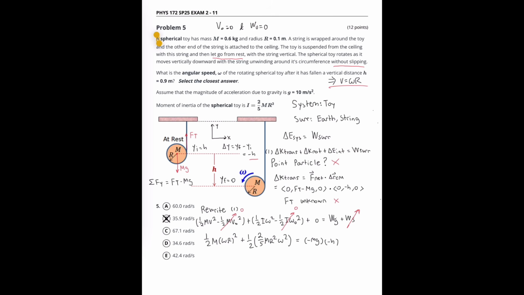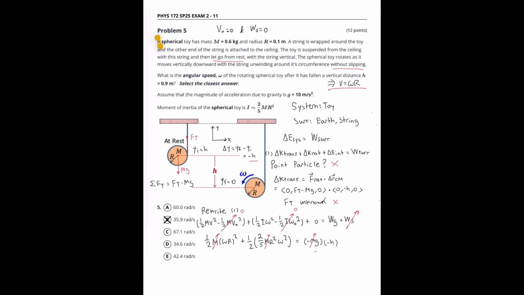So we can rewrite this as, actually before I rewrite it, we can cancel out m in this case, because it's on every side of the equation. We can rewrite that now as 1/2 omega squared r squared plus 1/5 omega squared r squared.